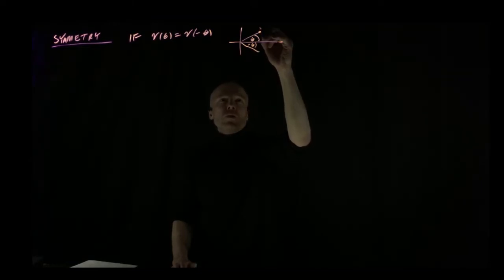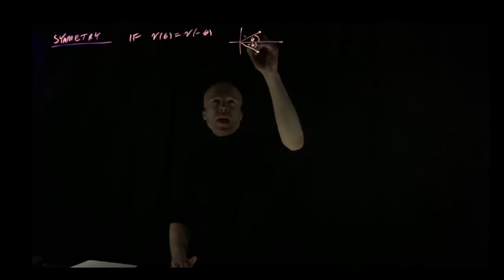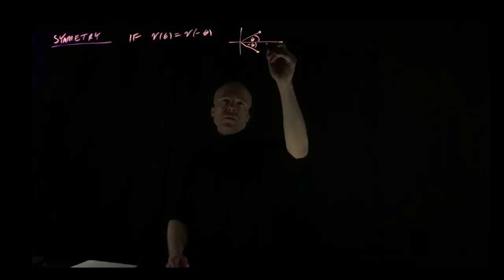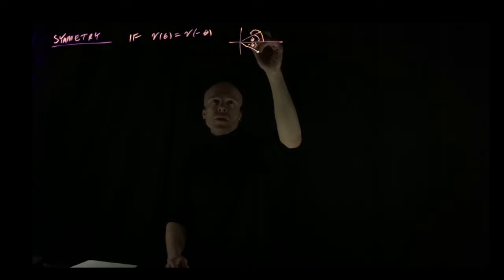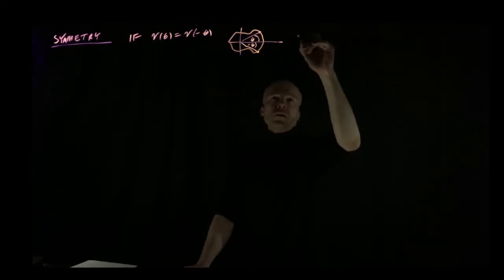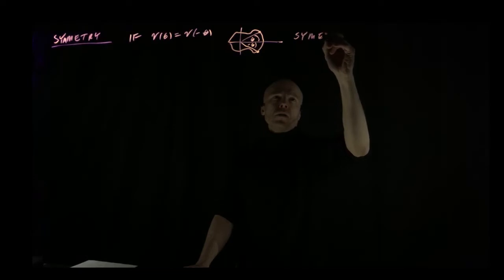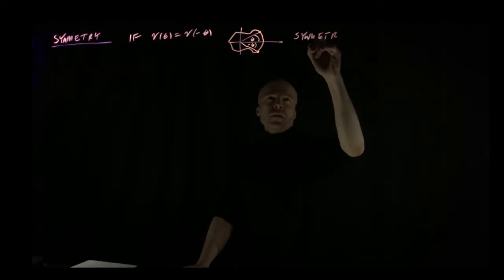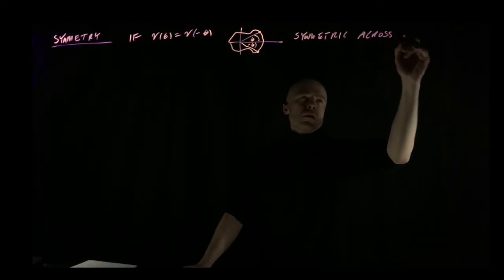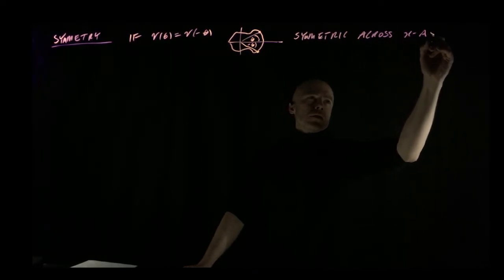So if we plot r of theta being here, then we also have r of minus theta here. So what we have is something which will be reflected across the x-axis, right? So whatever we have, something like this, then it's going to be something like this. So symmetrical across the x-axis.